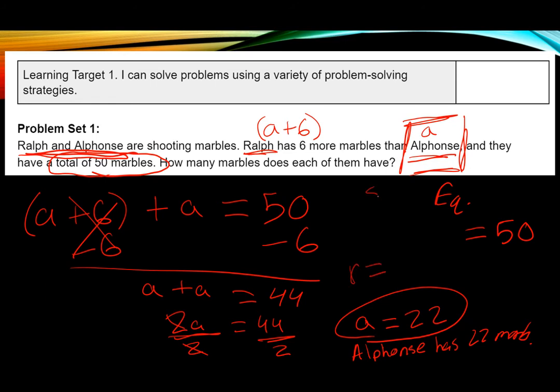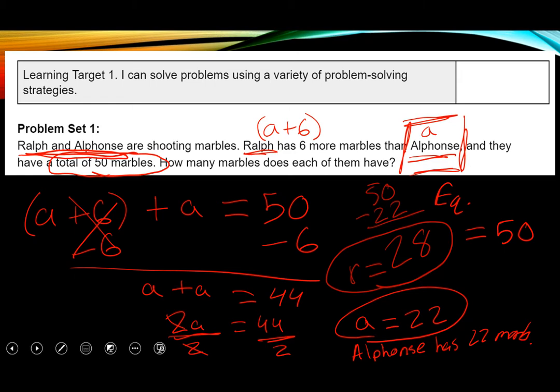Ralph would have what 50 minus 22 would be, which would be 28. So Ralph has 28, Alphonse has 22. Did we answer the question? Yes, we did. How many do each of them have? 28 and 22.